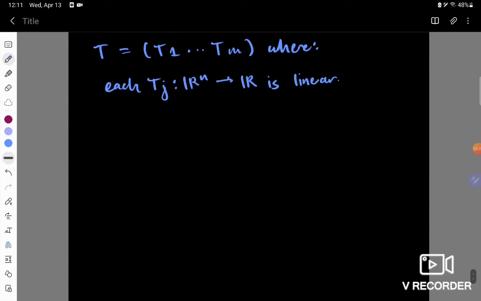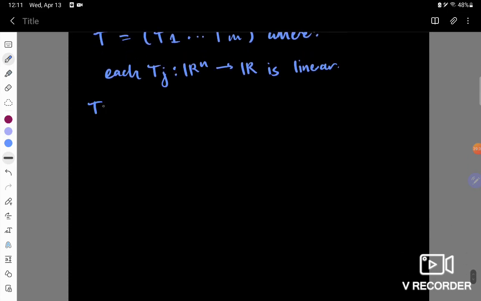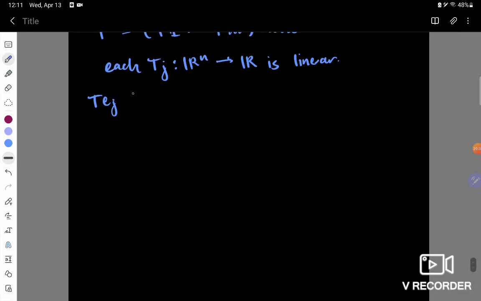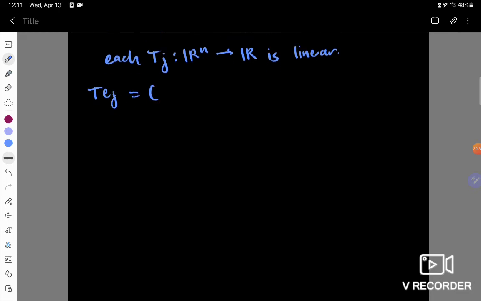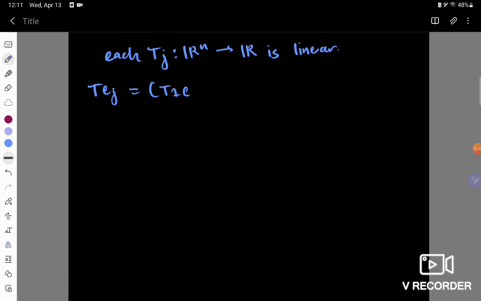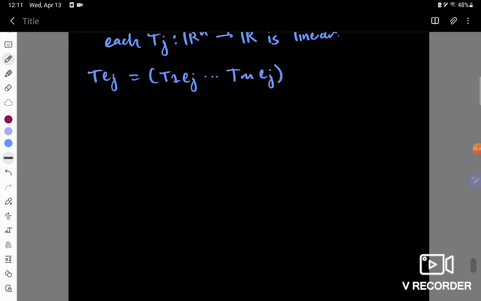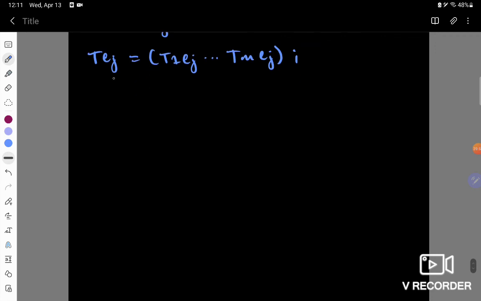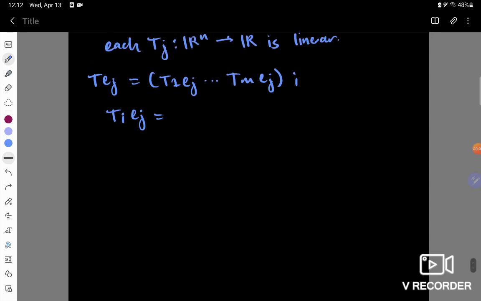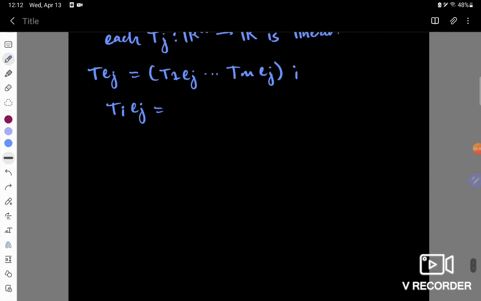Then we can write this in a form such that, applied to each of these e sub j's, we can write this as T1 e sub j, and so on and so forth, till Tm e sub j. And we have that T sub i applied to e sub j is going to equal some, I shouldn't use A again, but maybe the notation they use in these notes is little l. That corresponds with this big L, which they use for linear transformation.